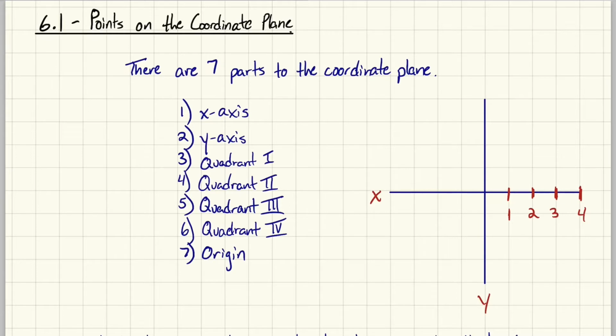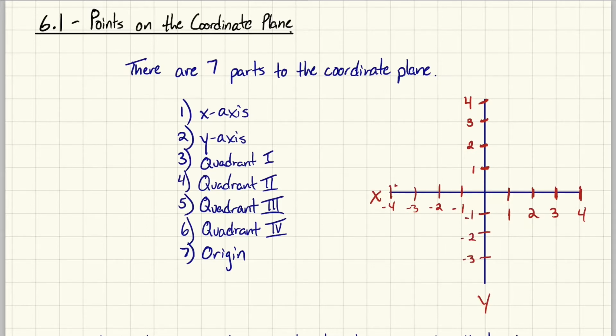If we're going to the left, then we count down and we get all of our negative numbers. Okay? With the y-axis, as we go higher, the numbers go up. So 1, 2, 3, 4. As we get lower, the numbers go into negatives as well.